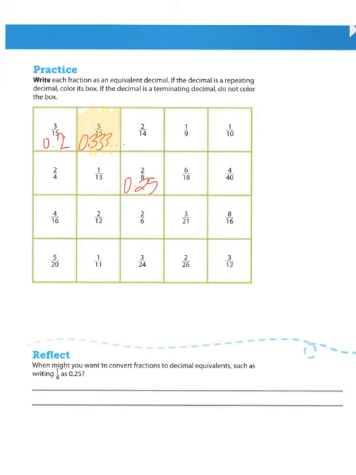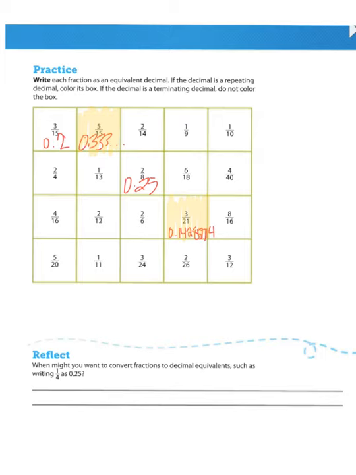So if you get that big old long decimal that goes on forever, that is a repeating decimal. So 0.1428, oh, I missed a 5. 5714. So that is a repeating decimal. So I'm going to shade that box in.